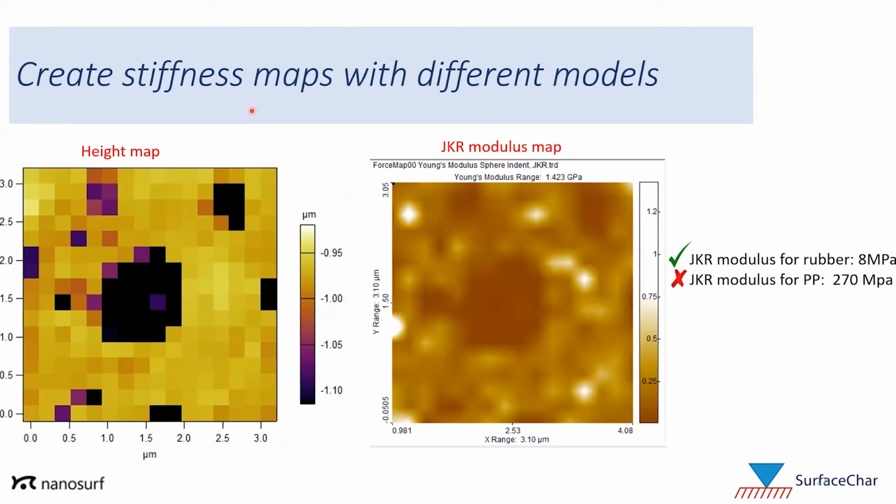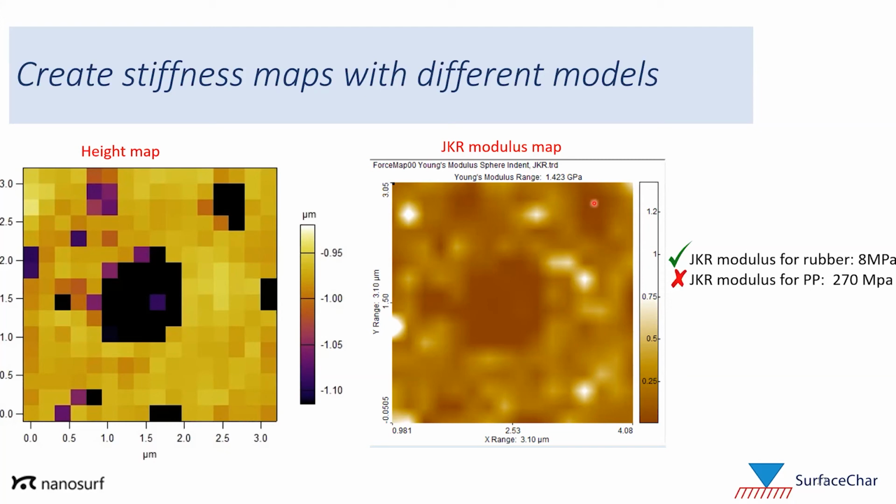Then we can also fit with the appropriate model to get at the correct modulus. Here I've chosen to use the JKR model because that is really what's appropriate for the rubber. When I use a JKR model, I can see that the rubber has a much lower modulus than the surrounding polypropylene.